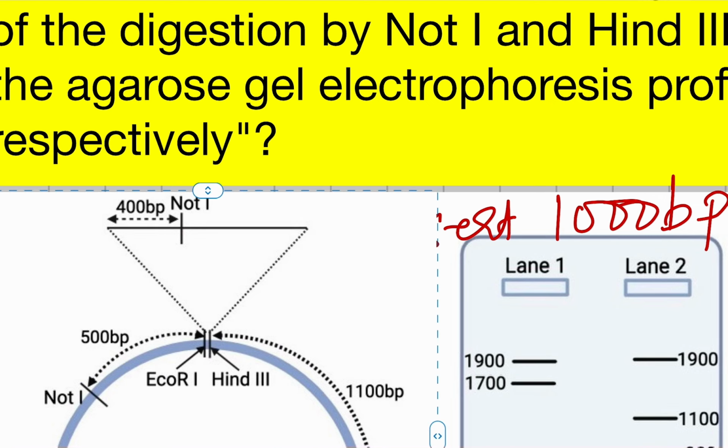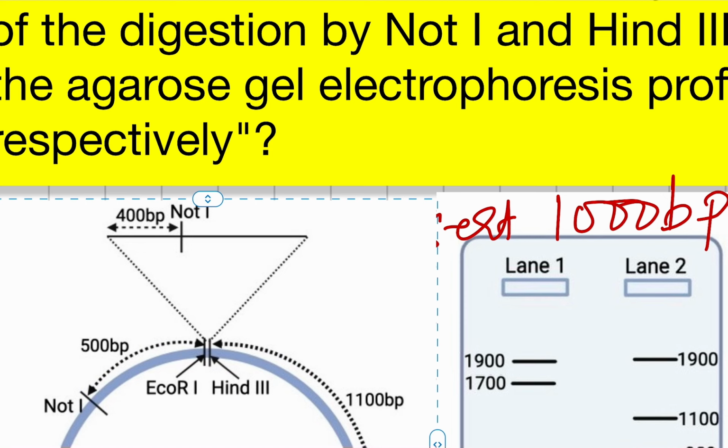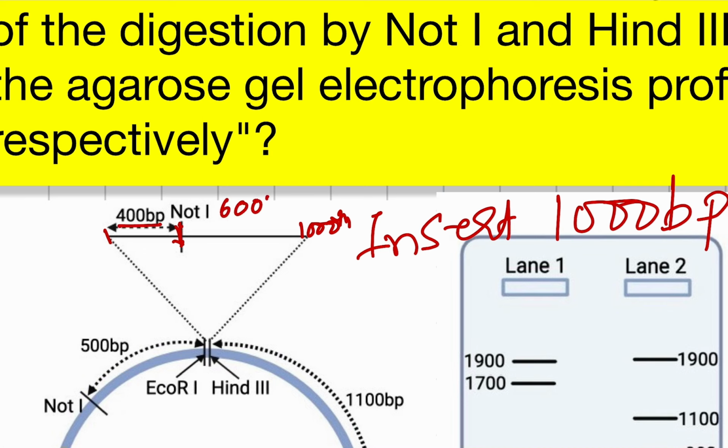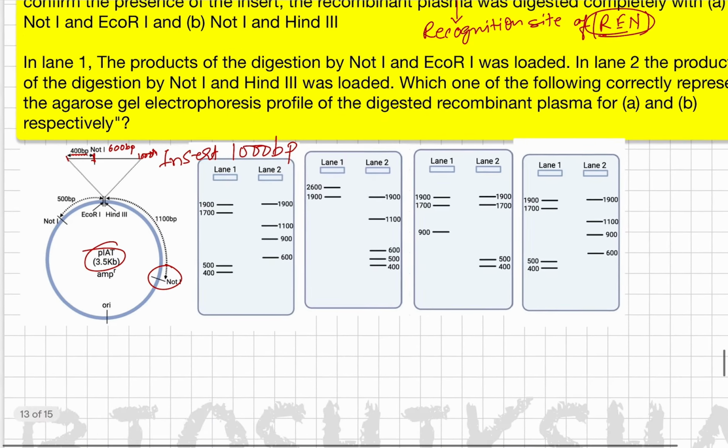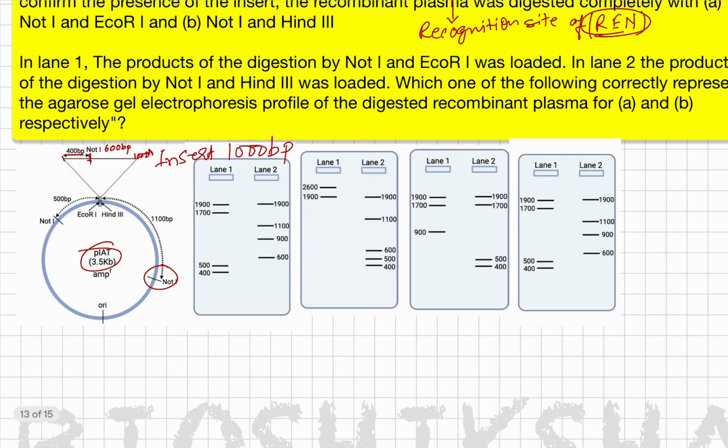If this is the first base pair and this is the 1000th, then at 400 it is placed here. On one side there are 400 base pair, and on the other side 600 base pair. Whatever you are seeing is the insert. So this is the preliminary idea from the question.